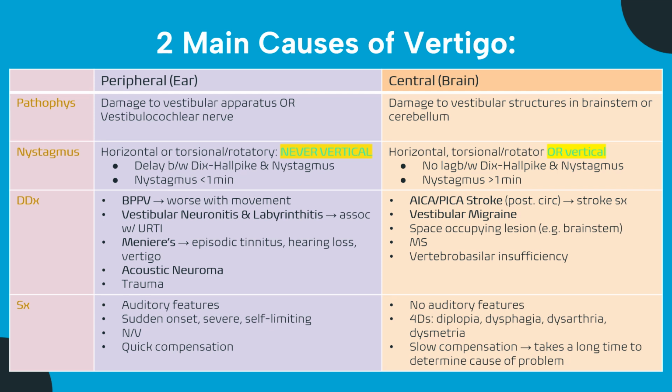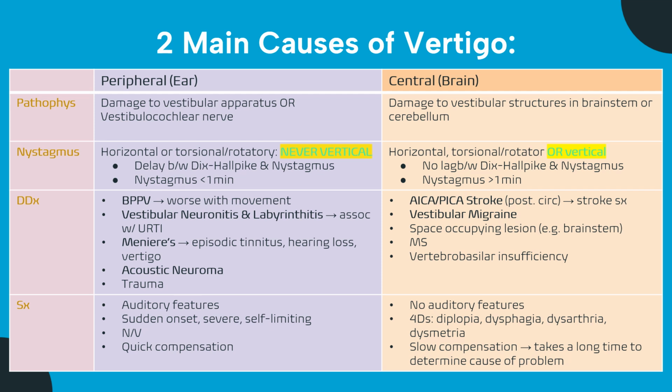Your central pathology is most commonly due to, when you think of a central pathology, you think of tumours and strokes first, right? So anterior inferior cerebellar artery, posterior inferior cerebellar artery stroke, so your posterior circulation will lead to your stroke symptoms as well as this vertigo. It can also cause things like disequilibrium, cerebellar signs, for example.